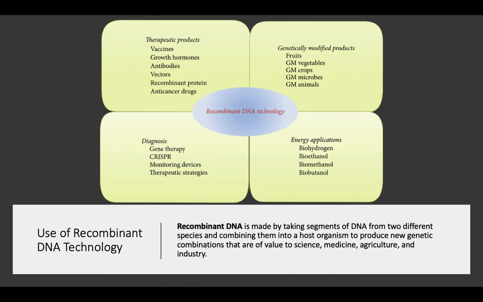For genetically modified products, you know that we can use GMOs in the form of fruits and crops, animals, and they've all been made through recombinant DNA technology. For diagnosis, there's gene therapy, CRISPR, therapeutic strategies, and for energy applications, we can use recombinant DNA technology to make bioethanol or biomethanol, for example.